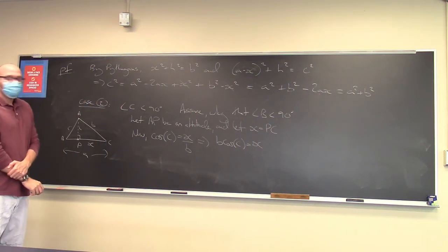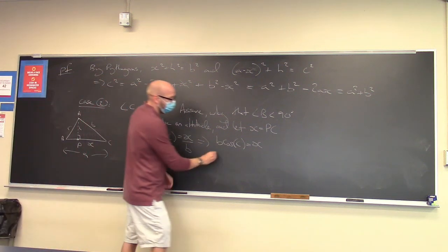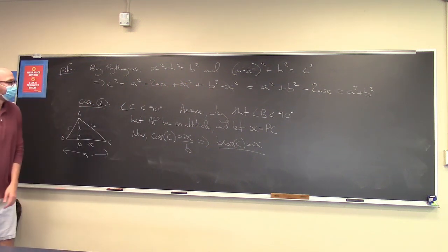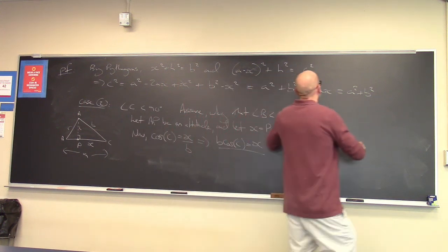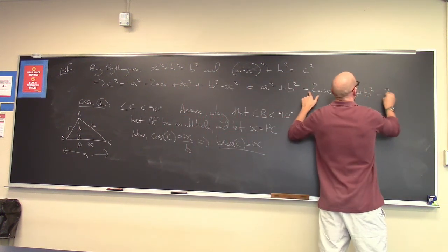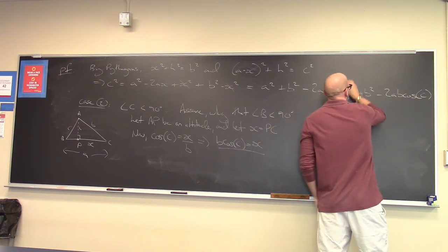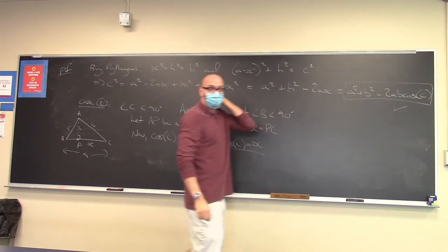What did we say x is equal to? A little triangle trick. x was b cosine of c. So this is a squared plus b squared minus 2ab cosine c, which is the law of cosines.